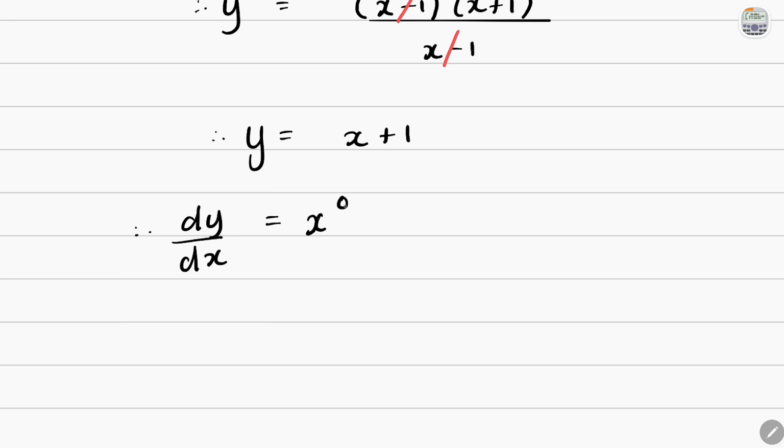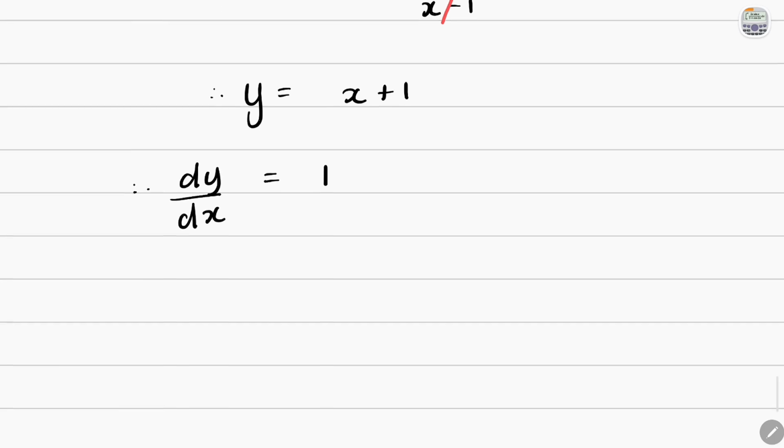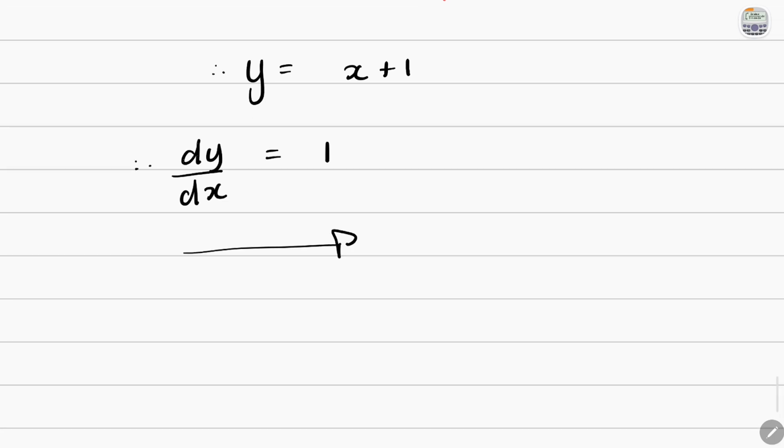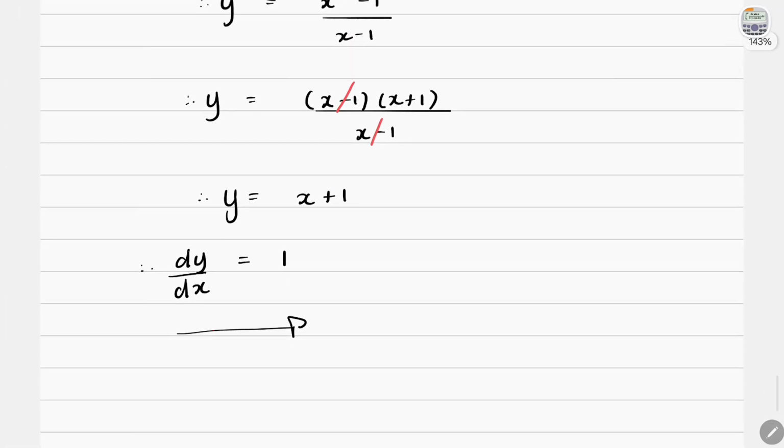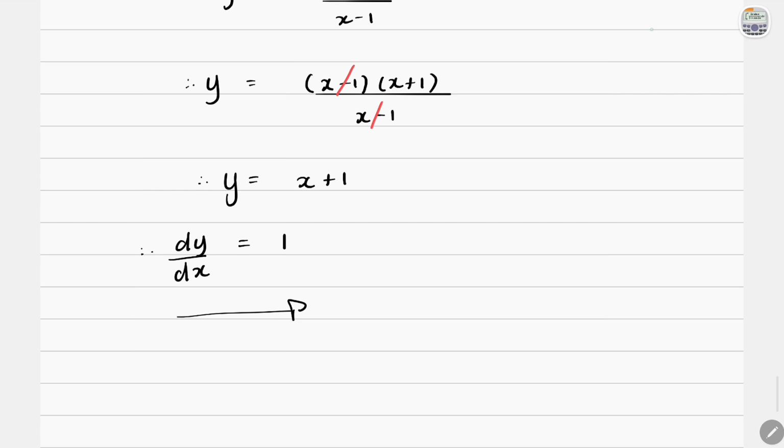And anything to the power of 0 is equal to 1. And you know that if you derive a constant, it gives you 0, because a constant is really just like a line. Y is equal to 1. This is a horizontal line, and the gradient of a horizontal line is equal to 0, and that's why it becomes 0. So dy over dx is equal to 1, and that is our answer. Moving on to the next question.